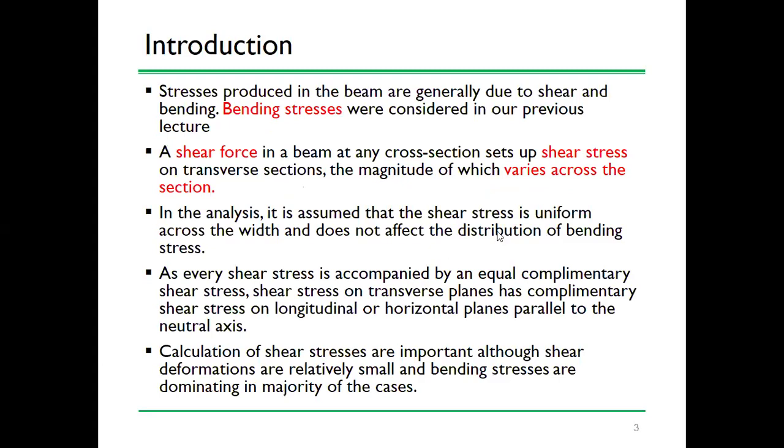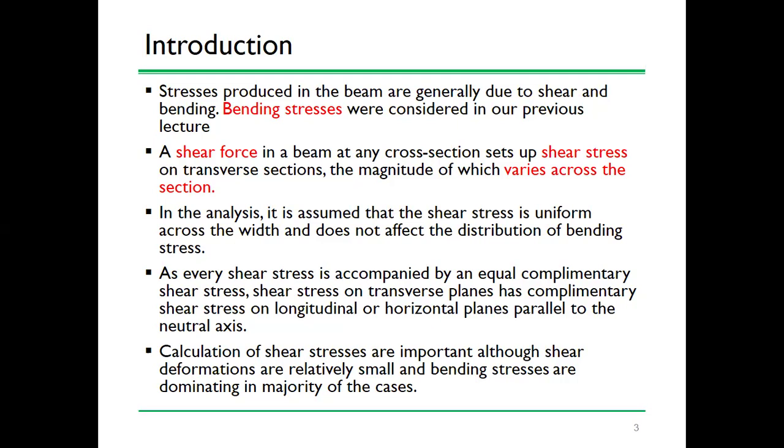Now, stresses produced in the beam are generally due to shear and bending. Bending stresses were considered in our previous lecture, right? Now, a shear force in a beam at any cross-section sets up shear stresses on transverse sections, the magnitude of which varies across the section.